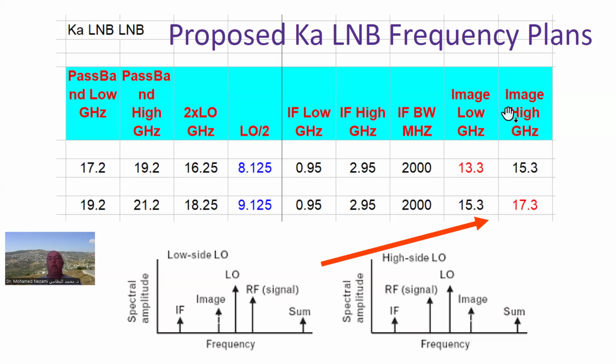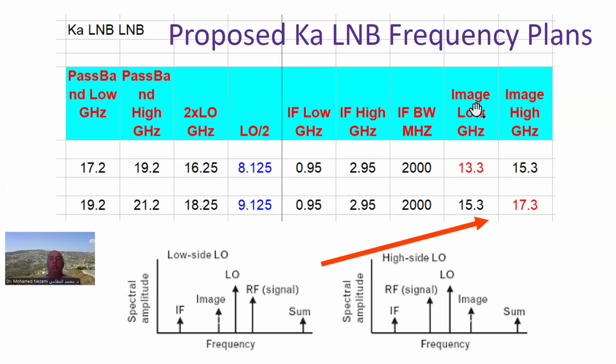Okay, now the image frequencies. While we're receiving 17.2 to 19.2, of course, we've got the image in here, which is 13.3 to 15.3. That will also mix with this LO and end up in this band as well, spectrally inverted, of course. This is an issue, so we have to filter that, okay?